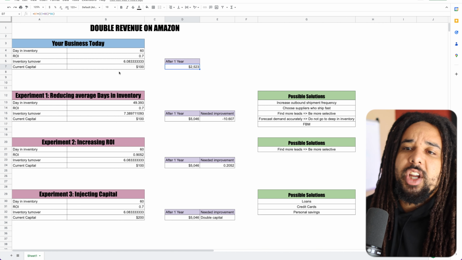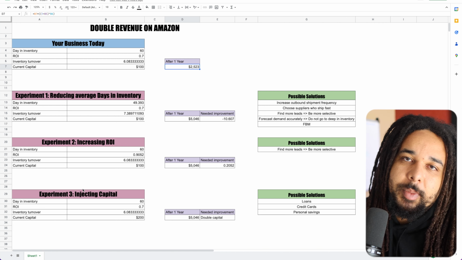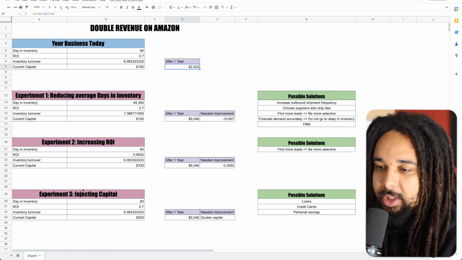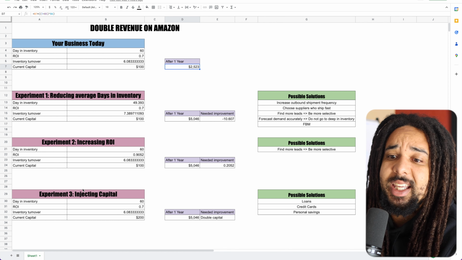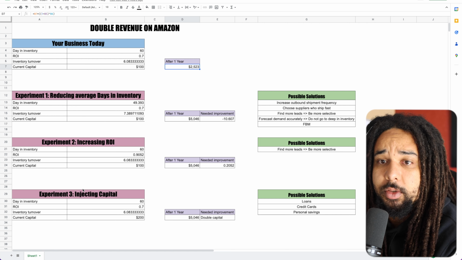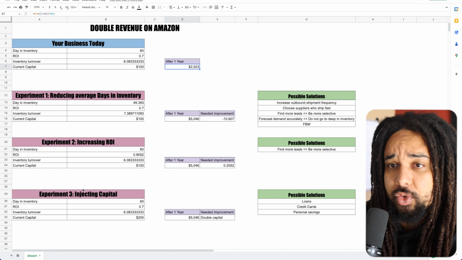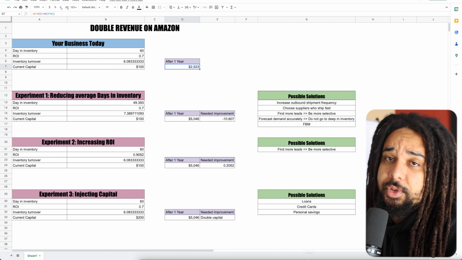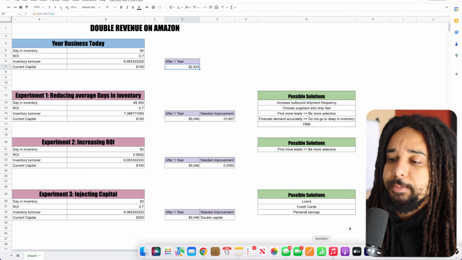Okay? So let's start by the end, because this is the thing most people actually play with, and this is injecting more capital, right? So instead of having $100 of capital, if you want to increase your potential revenue, you will need to inject more capital, right?